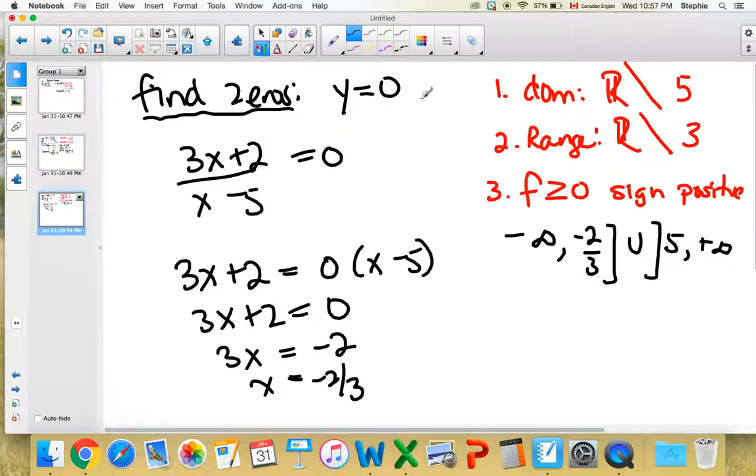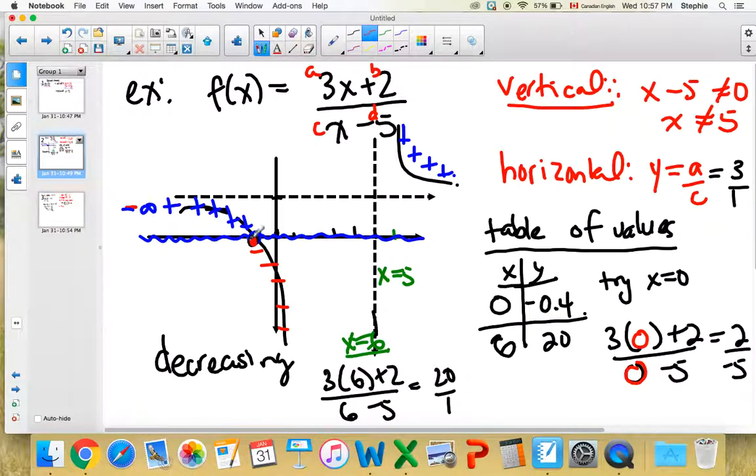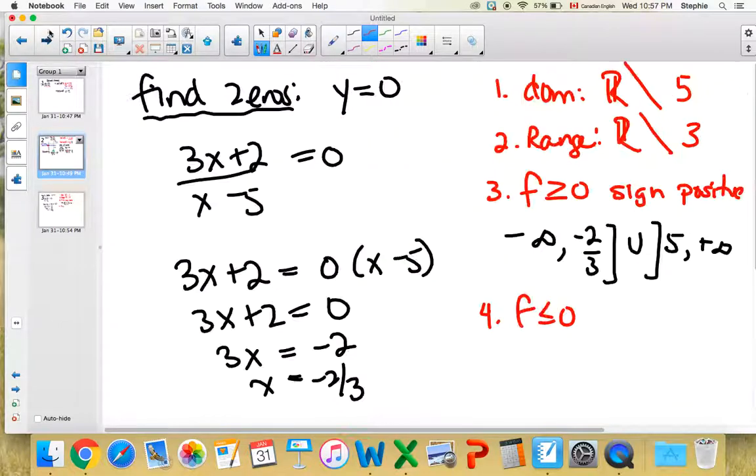And now, when is the function negative? The function is negative from your zero. If you look back at the screen, from this point on down, all the way to the asymptote, which is an x value. So it's negative all the way from negative 2/3 included to 5 not included.